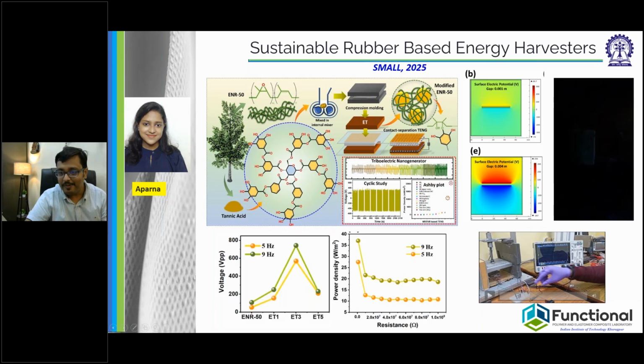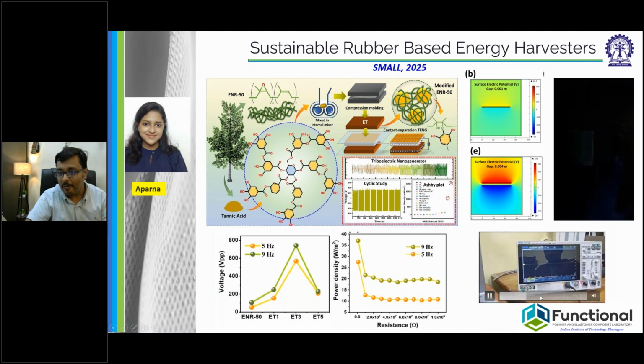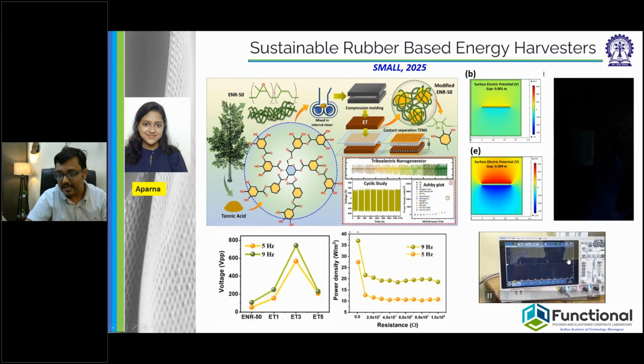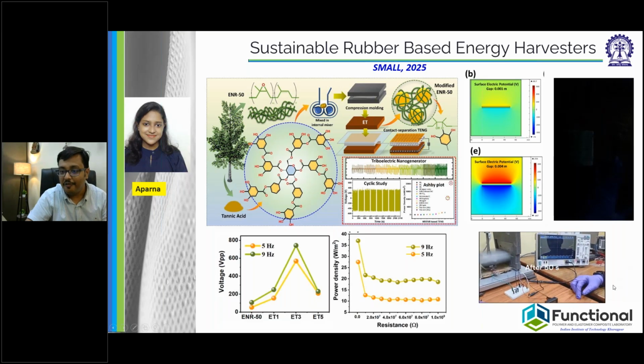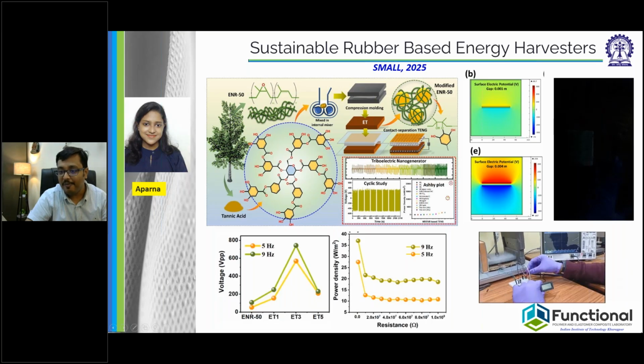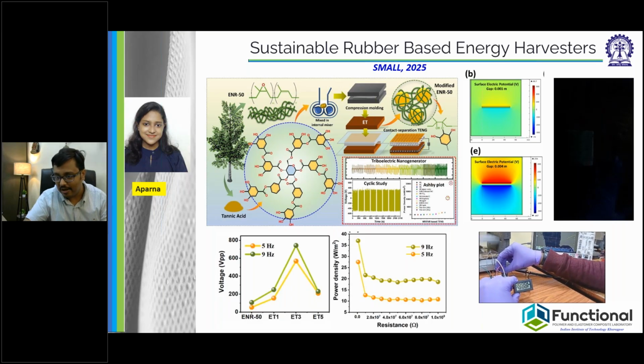Okay, and similarly here you can see, just by tapping it, you can charge up capacitors, and those capacitors can be utilized for powering up small wearable devices. If you connect this to a wearable device, you see this is getting powered up, as you will be able to see very shortly. So you are not using any battery or anything, but you are powering up this material.